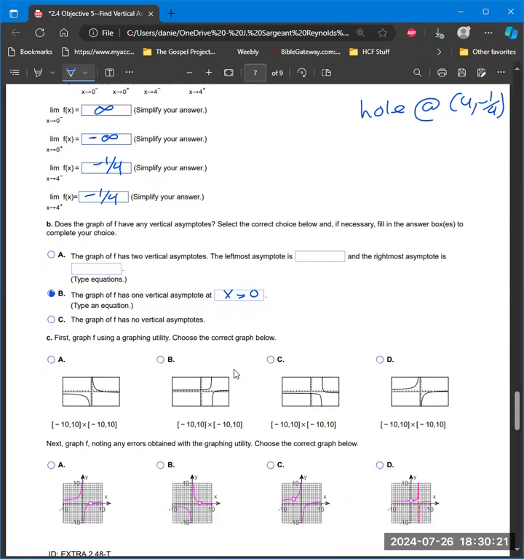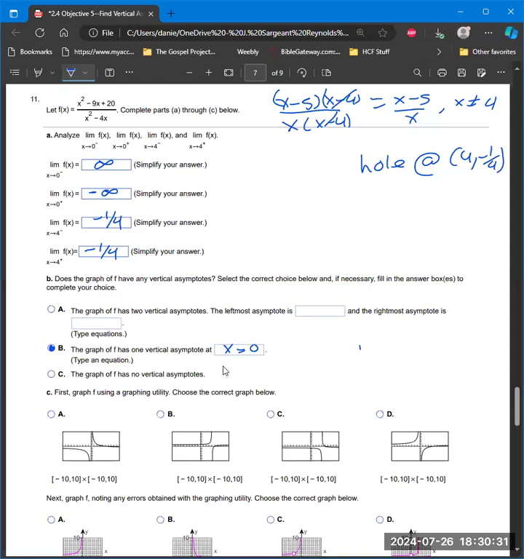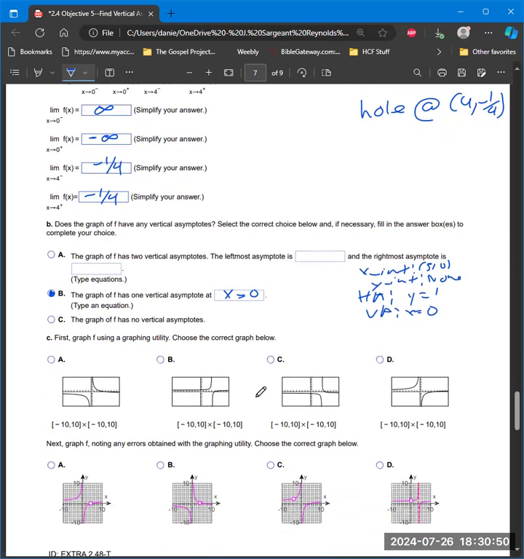Which is the correct graph if we would use a graphing utility. So we have, let's just identify here that we have a horizontal asymptote y equals 1, a vertical asymptote of x equals 0, x-intercept of 5, 0, y-intercept of, there's none because there's a vertical asymptote there.